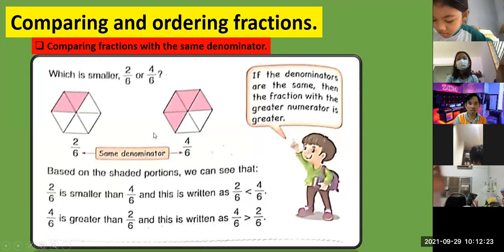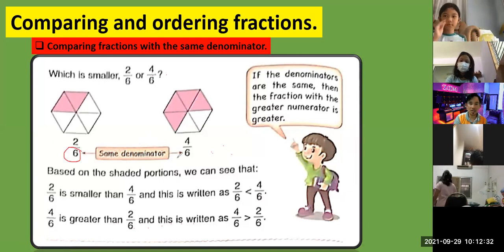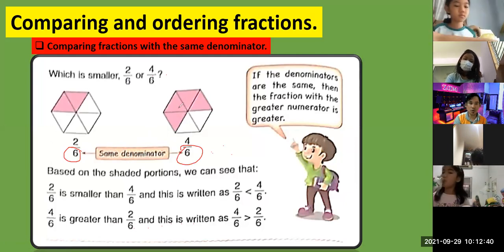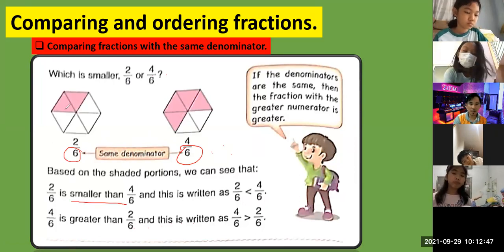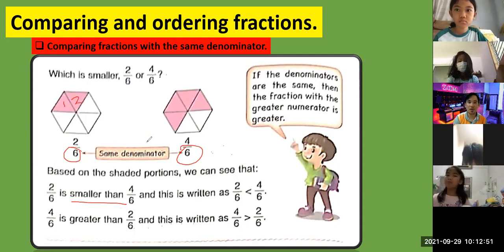So the question, which is greater? You will look at the denominator here, 6. And here, there is also 6. 2/6, 4/6. Now, if you look at the diagram, you will see that 2/6 is smaller. That means 2 is smaller than 4, right?